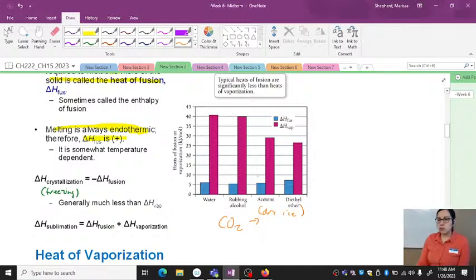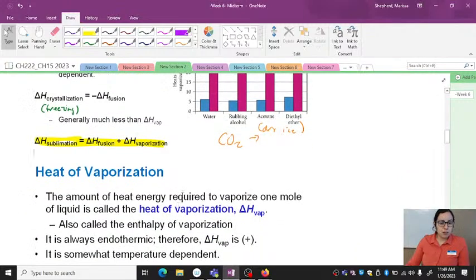If you were trying to do a word problem about CO2 sublimating, but you can't find the delta H of sublimation, all that is, is the delta H of fusion plus the delta H of vaporization. So you just take these two numbers, add them together, and that gives you your delta H for sublimation. Hopefully not too difficult, as you may have to ask the internet for things in your career.